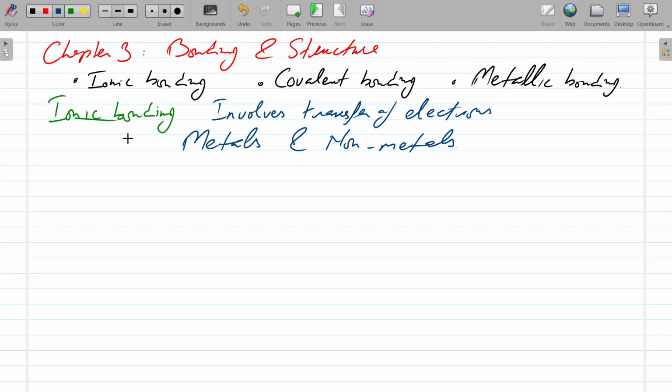Now, ionic bonding, as I mentioned, is only one type of bonding. So if we backtrack to some more introductory statements, we've learned that elements are made of atoms, and those atoms of different elements come together to form compounds.